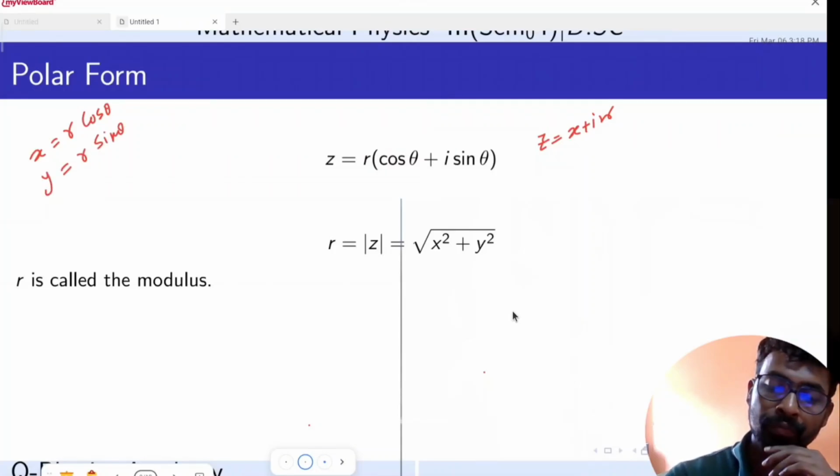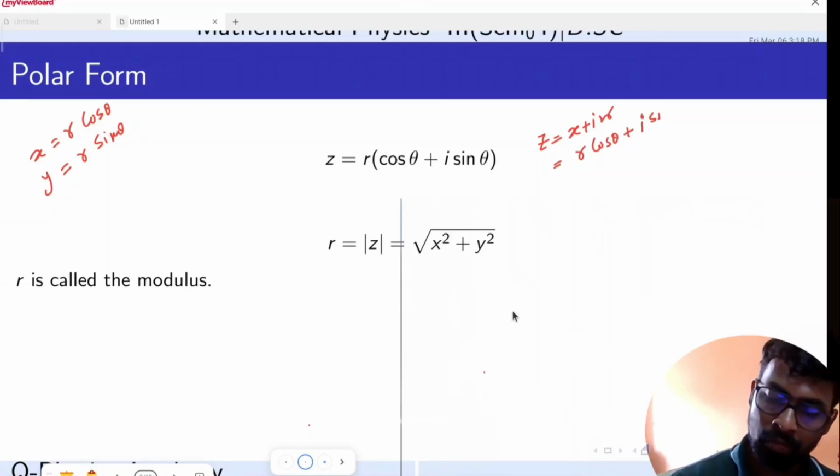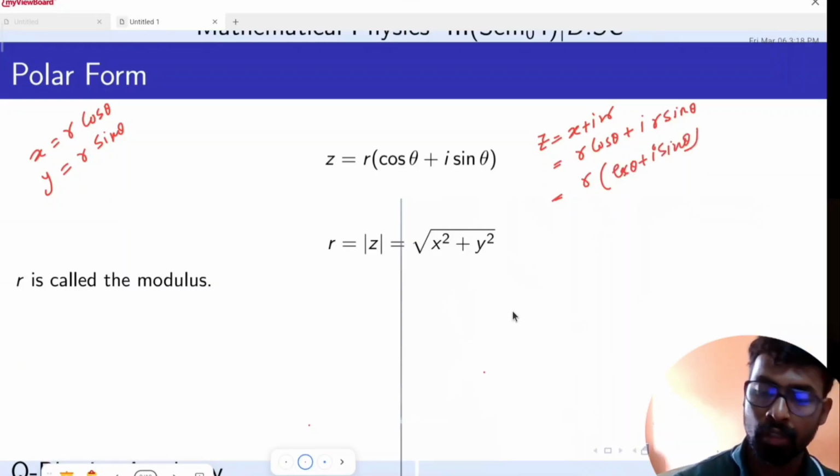You just put them here, so we get r cos theta + i r sin theta, and taking r common, we get r(cos theta + i sin theta).